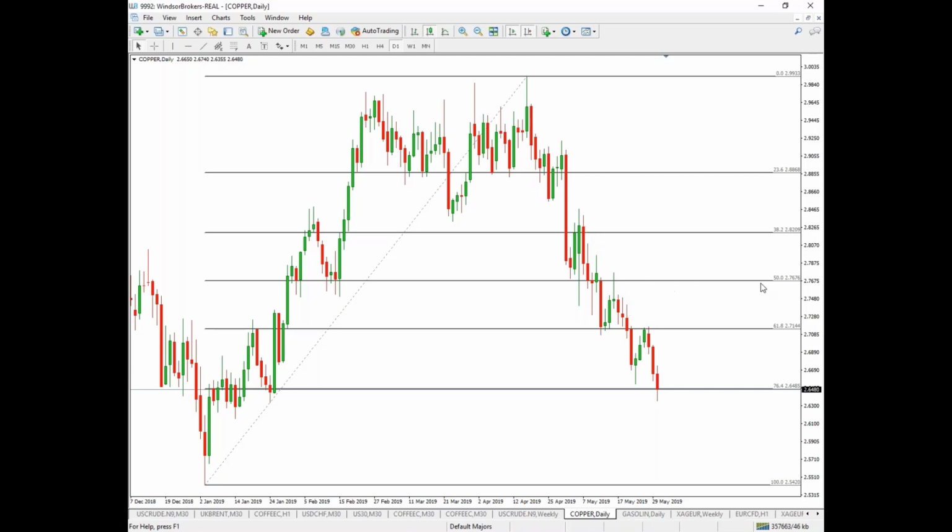Again, 50%, which marks the half of the entire move, is also significant. We had a breach here. Actually, we had several attempts. We can see here the long spikes lower, the long shadows without a break, and then an eventual break. And then the market was held by the next significant level, 61.8%. Again, several attacks without success, and then a bounce higher.